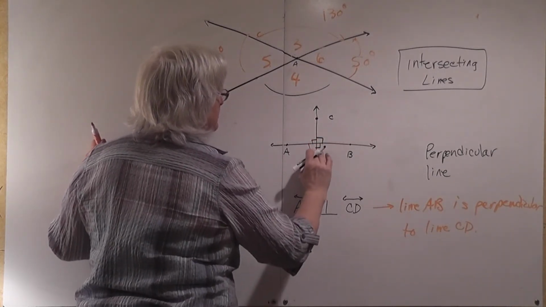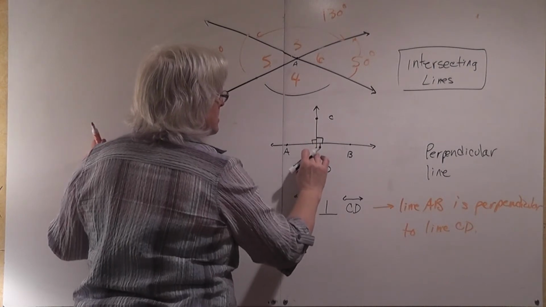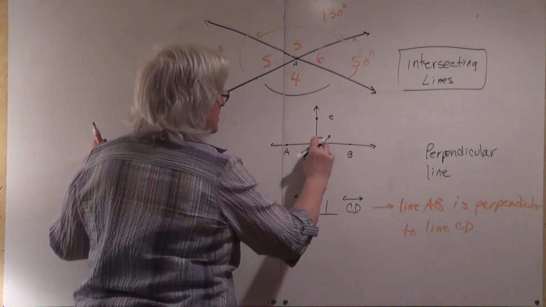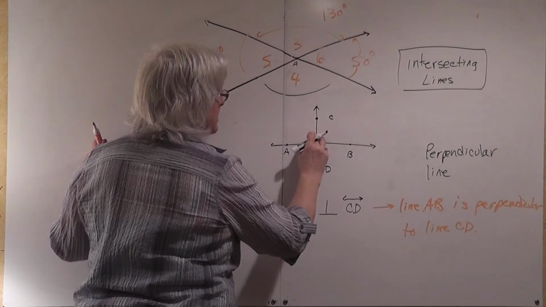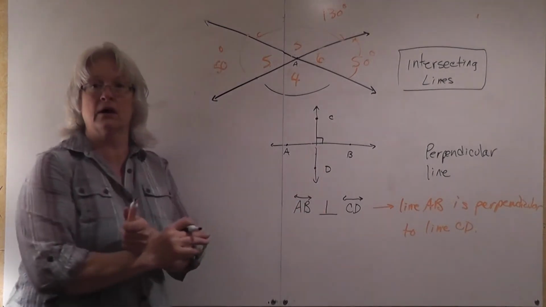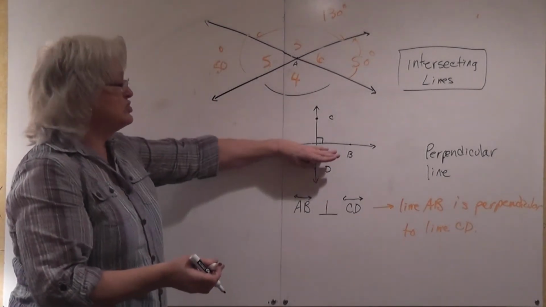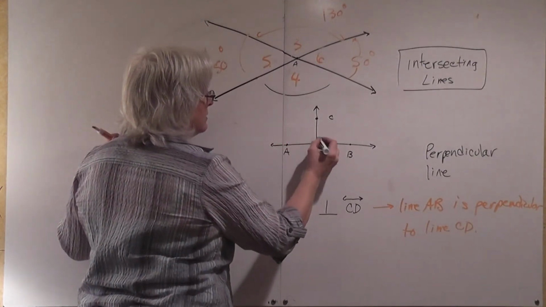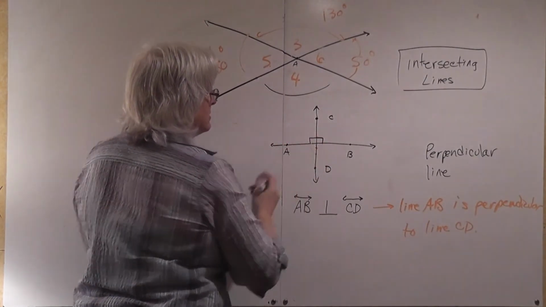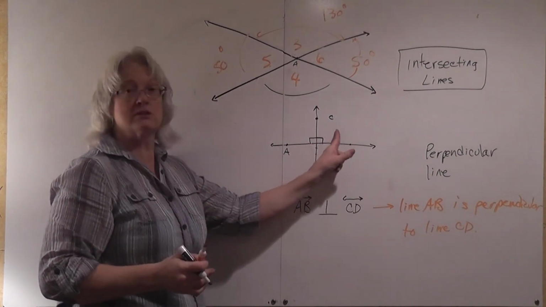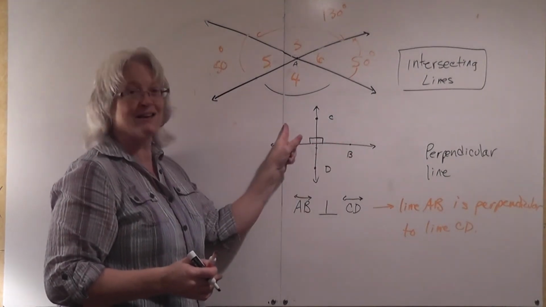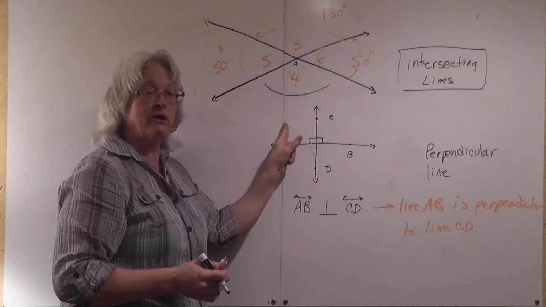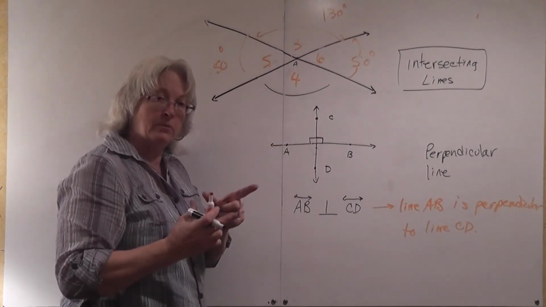And we know that to be true because when you have intersecting lines, you have adjacent angles. So we have this angle right here is adjacent to the first one. If that's 90 degrees, this has to be 90 degrees because they're supplementary.